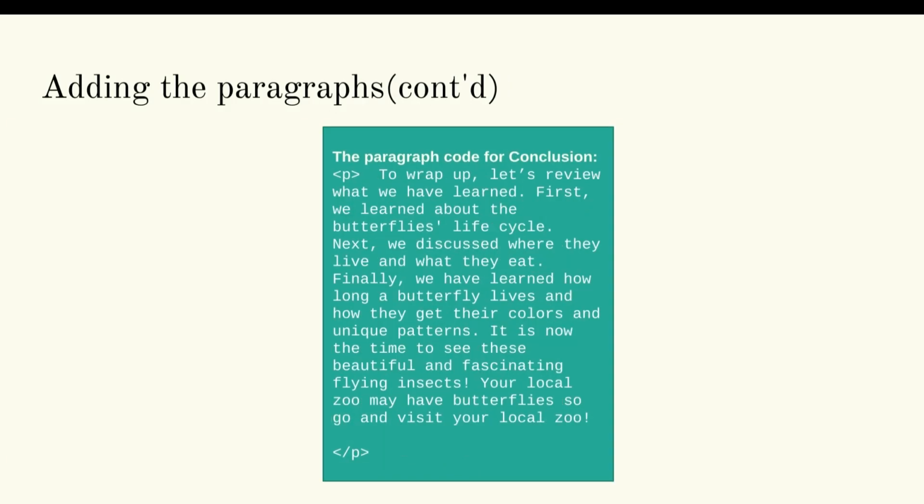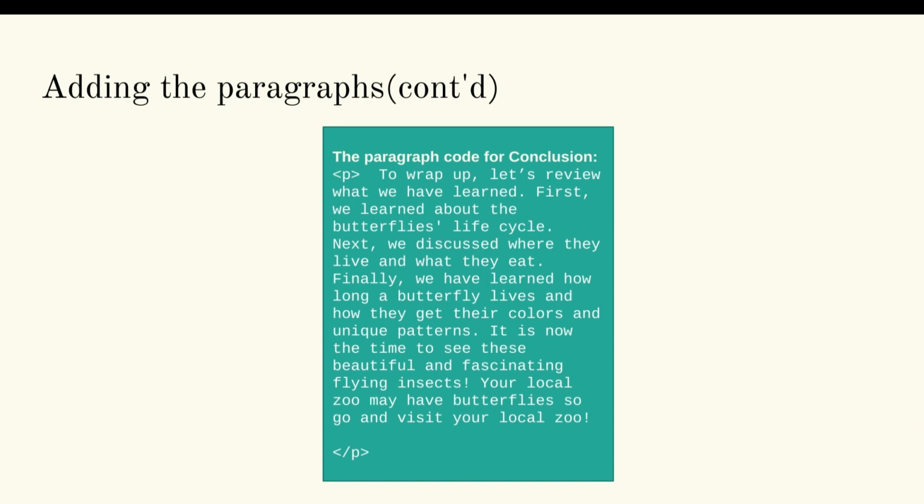And this is the paragraph code for the conclusion. The opening p tag. To wrap up, let's review what we have learned. First, we learned about the butterfly's life cycle. Next, we discussed where they live and what they eat. Finally, we have learned how long a butterfly lives and how they get their colors and unique patterns.